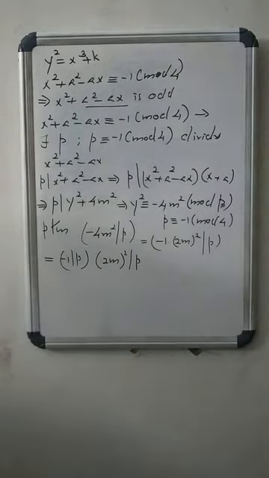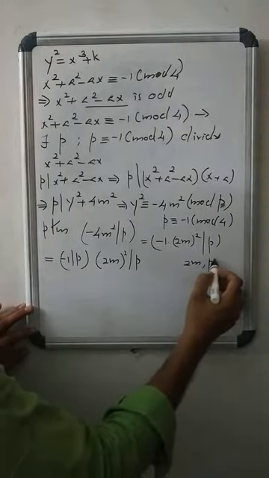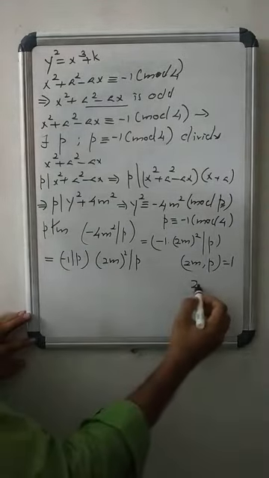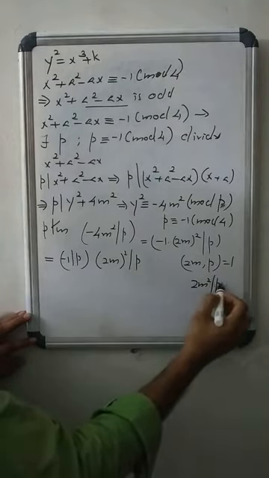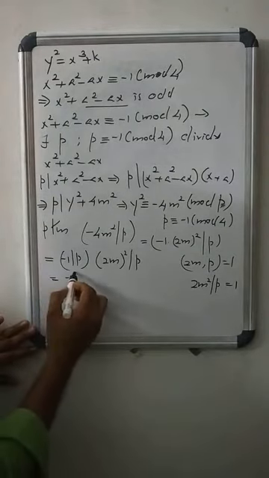When m and p are relatively prime, m square by p is 1. Here also 2m and p are relatively prime. P is an odd prime, 2m is always even, so 2m and p are relatively prime. Therefore, what about this (2m) square by p? (2m) square by p equals 1 itself. So which is nothing but minus 1 by p.